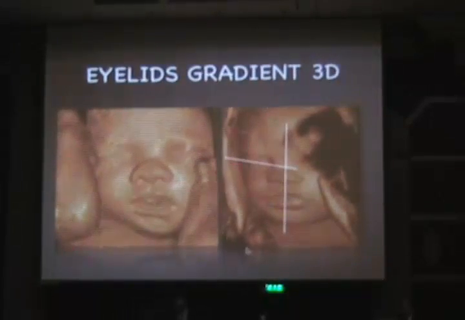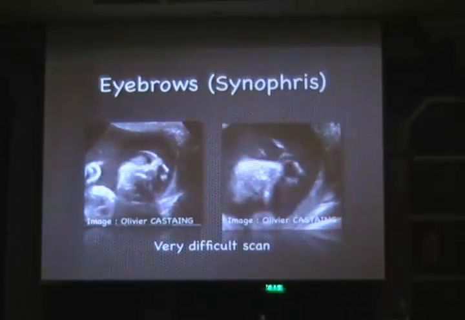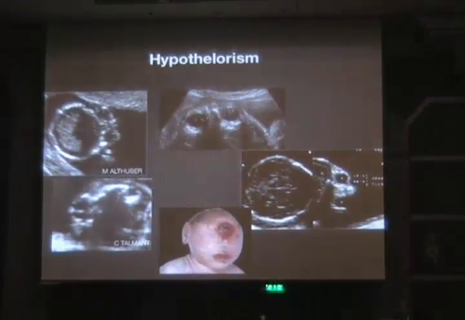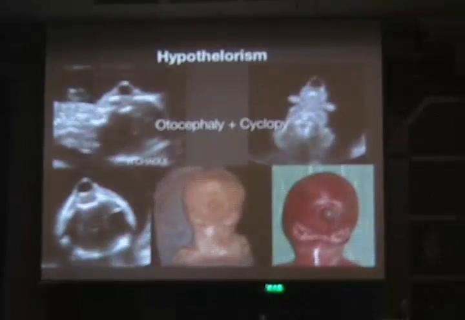Okay. This is the trisomy 21. You see that the angle is open, just with the gradient of the eye. This is hypotelorism. It was a Cornelia de Lange syndrome. So, the biometry of the eye is very easy.